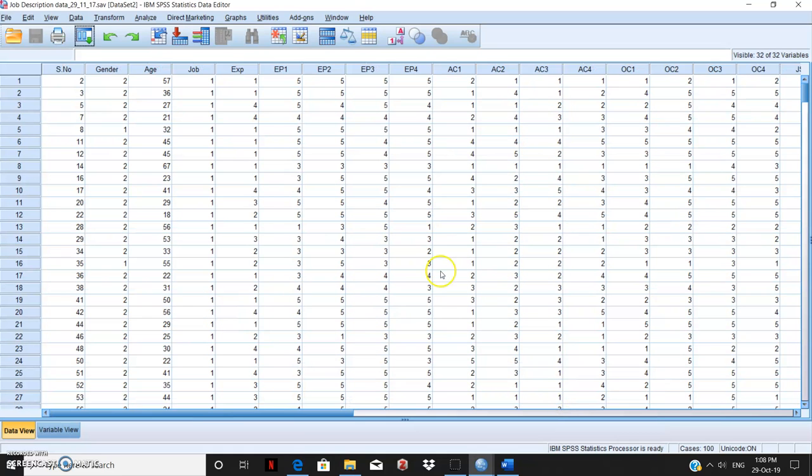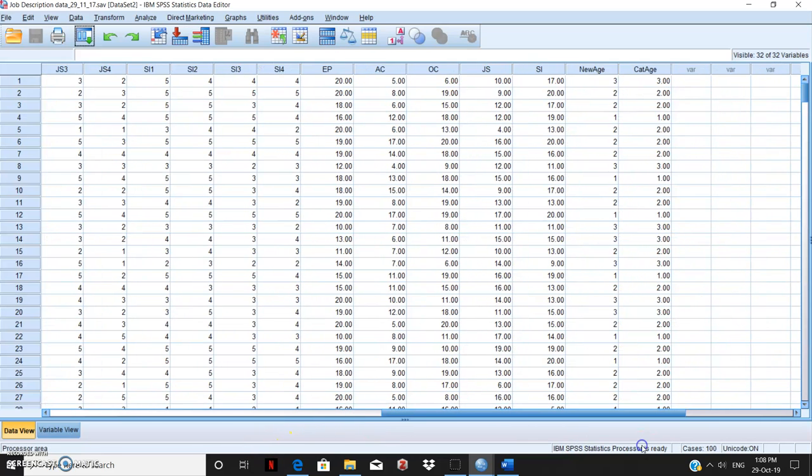Let me see here itself. Now let me see, I want to find out whether in organizational commitment there is a difference. So in this, is there a difference based on, yes, the same thing, gender, because only that is captured here.